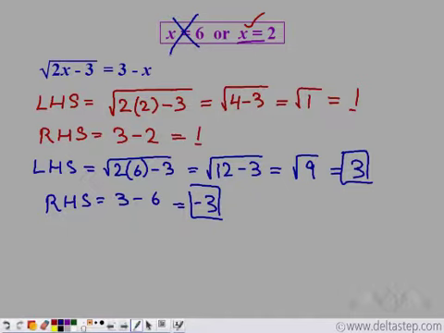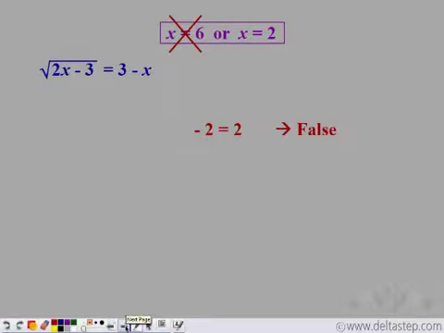But how did this happen, even though we had performed all the steps correctly while solving this equation? So how did we reach an incorrect solution? Well, observe this statement. Negative 2 is equal to 2. It is a false statement because negative 2 is not equal to 2. Now square both the sides.